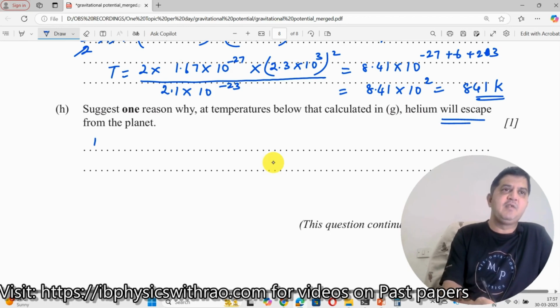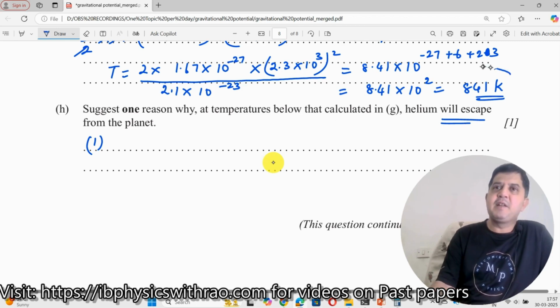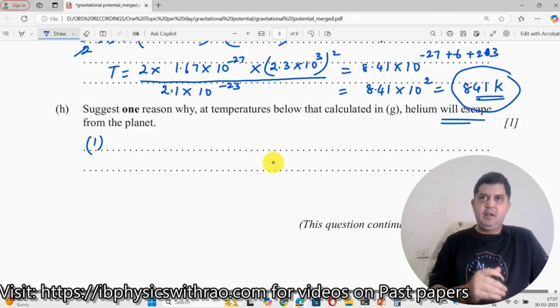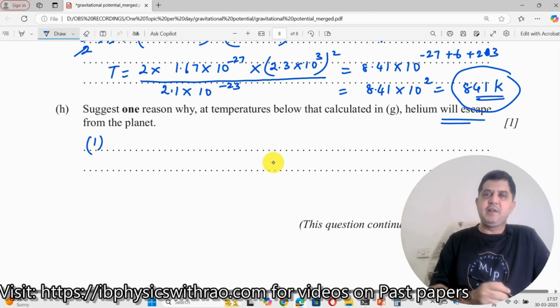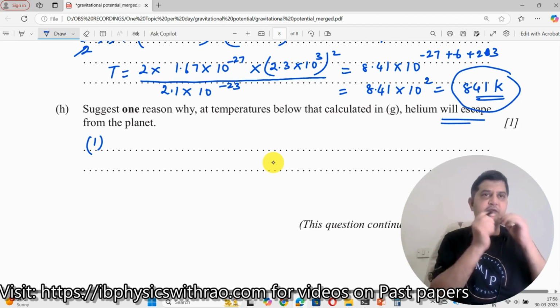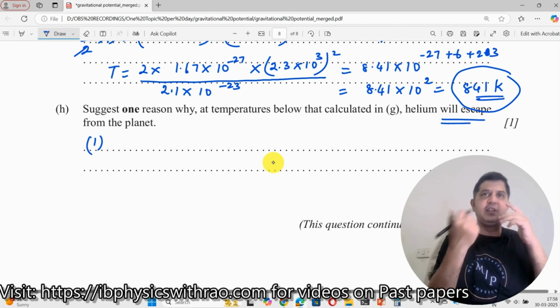One of the reasons you can say is that when you have a temperature like this, now let us look at the fission and fusion reactions happening. When the temperature is so much, what can happen is the helium nuclei can start fusing with each other to give rise to higher nuclei.